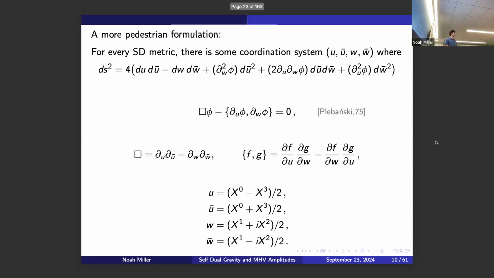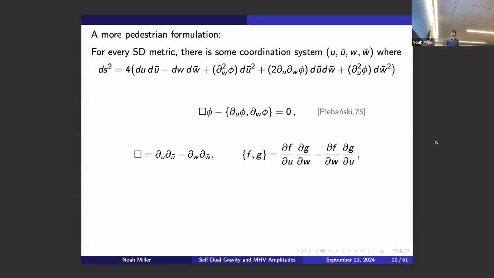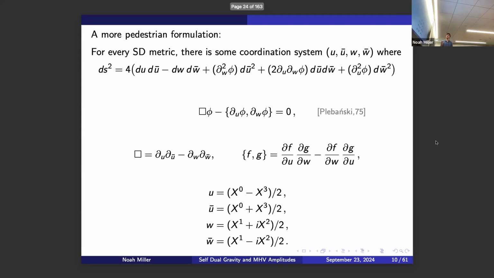So your phi here is your metric field? Yeah, it's the graviton. This field really corresponds to a positive helicity graviton field. There's just a single scalar degree of freedom because we only have positive helicity gravitons. So in 1,3 signature, we can take u, u bar, w, and w bar to be these light cone coordinates.